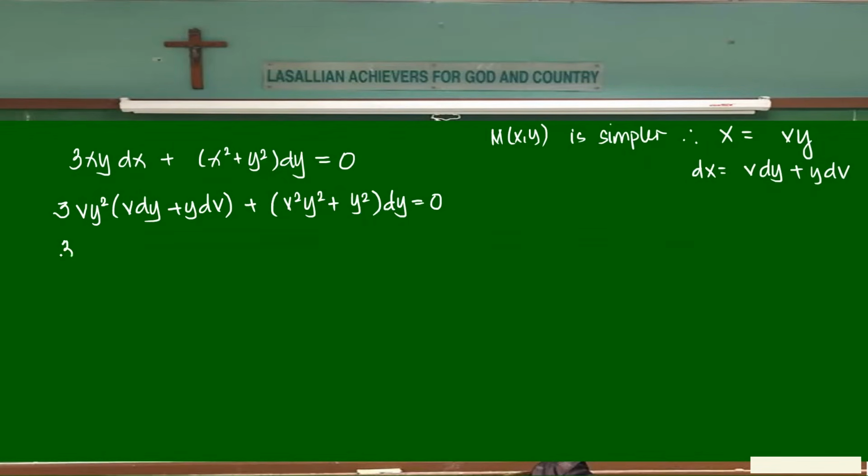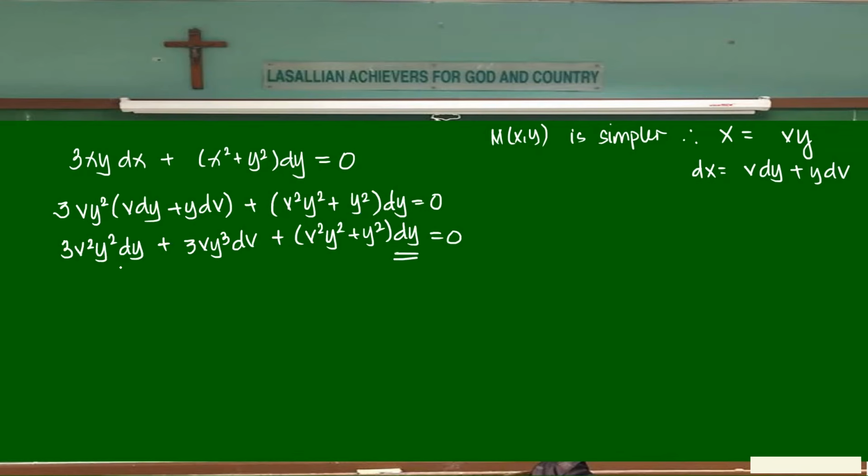So let's separate. 3 vy cubed dv plus v squared y squared plus y squared dy is 0.